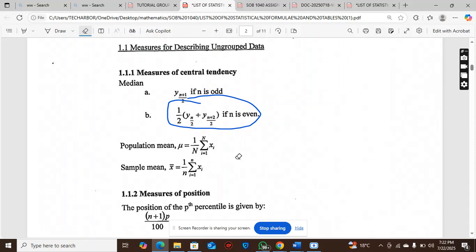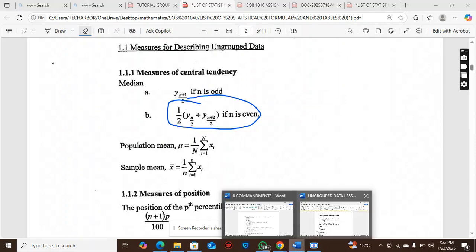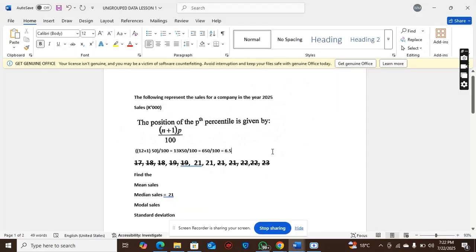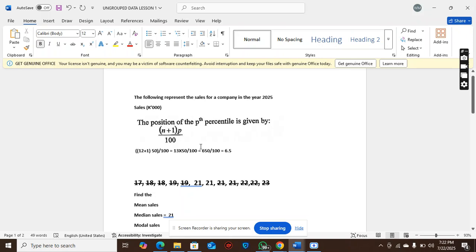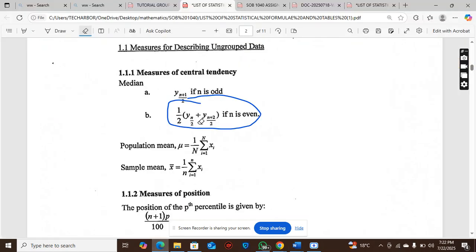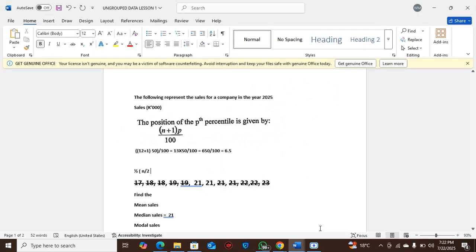You say half, then you say n over 2 plus n over 2 plus 2, n plus 2 over 2.